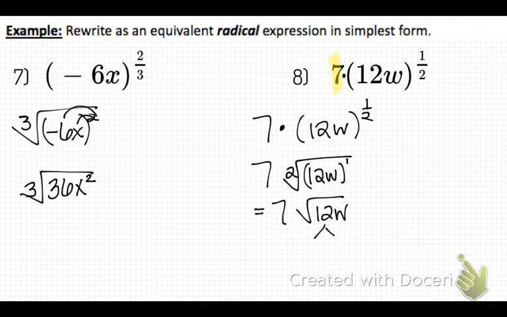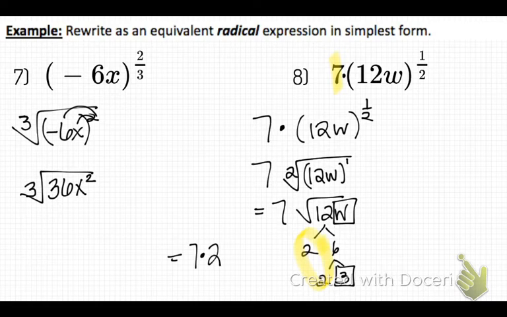Okay, what are 12's factors? 4 and 3, or 6 and 2. And 6 breaks up. I have a group of 2's. And 3 stays inside. And I still have this w. So I have 7 times 2 times the square root of 3w. So my answer is 14 radical 3w.